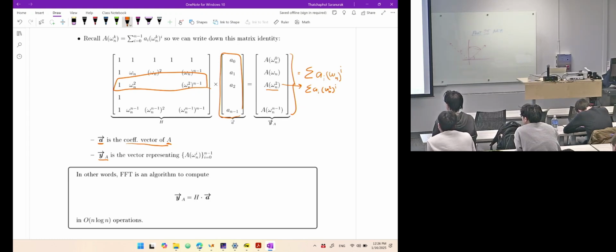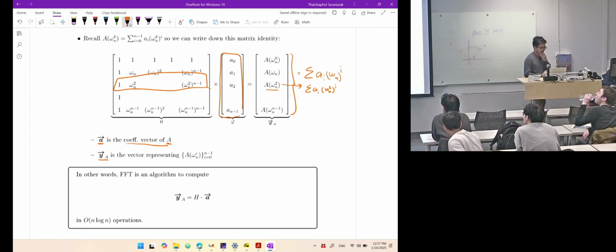Given the vector A, the coefficients of a polynomial, you can multiply it by this matrix H, and then you get YA very fast in just n log n. Normally when you multiply a vector by a matrix, it takes n squared time. That's a trivial algorithm. But what we just learned is that for a special matrix H, you can do this in n log n time.